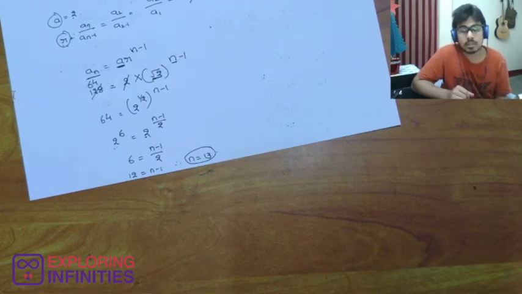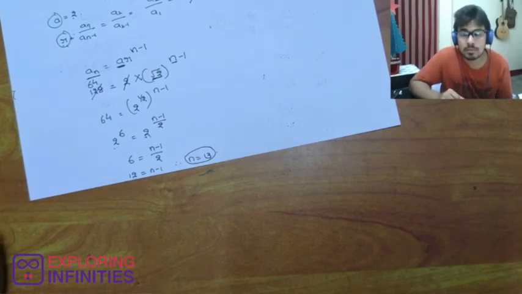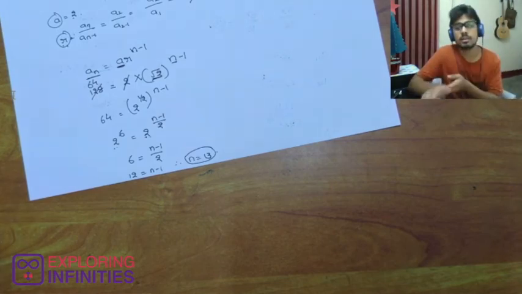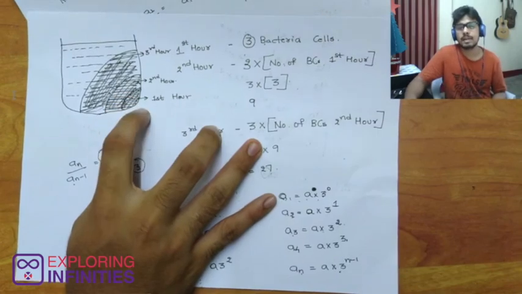We also learned how the first term and how the common ratio is found and how we can verify a GP. We also derived the formula for r, which is a_n by a_n minus 1. We also derived the formula for nth term, a_n is equal to a r power n minus 1. We also derived it through this example, bacteria.